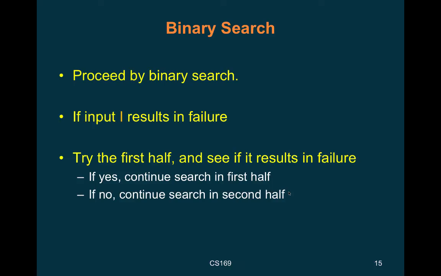This is just pure binary search, with the assumption that what you're looking for is a singleton, a single element, and there's monotonicity. So if the input I results in failure, we cut it in half. We try the first half. If the first half results in failure, we keep searching in the first half. Otherwise, we continue in the second half.